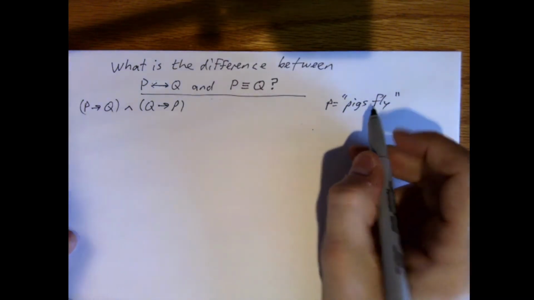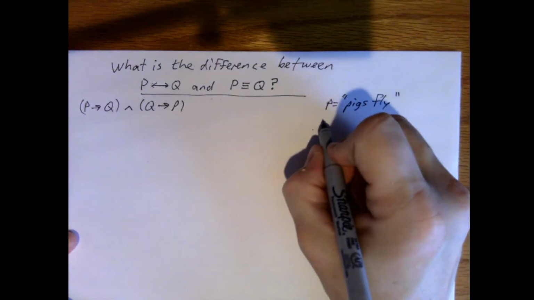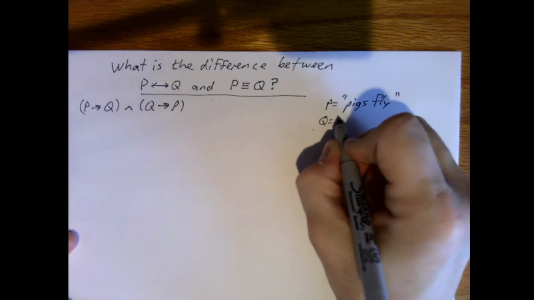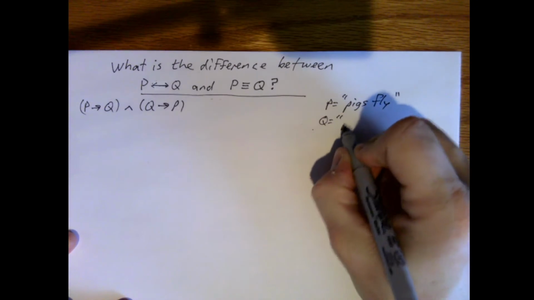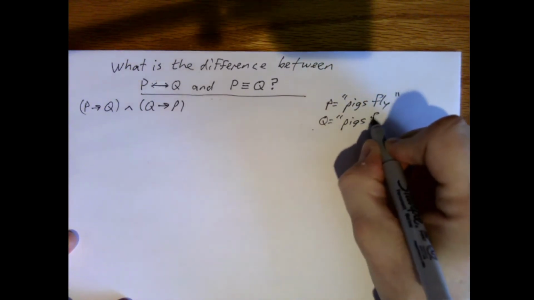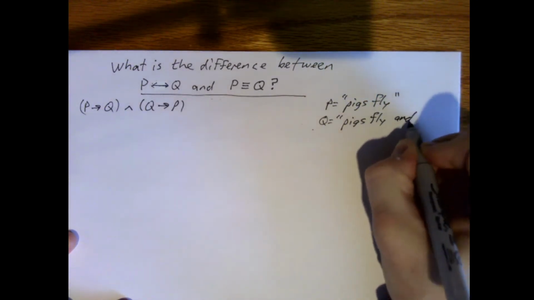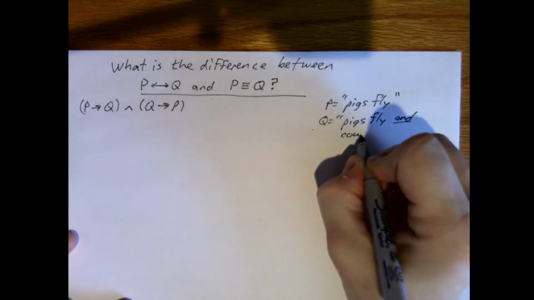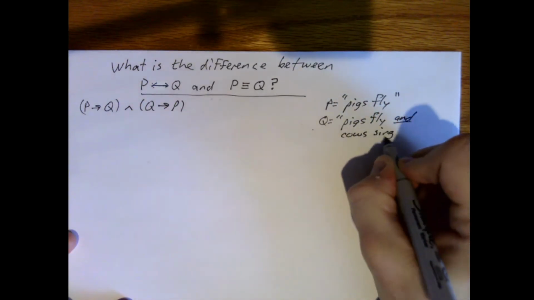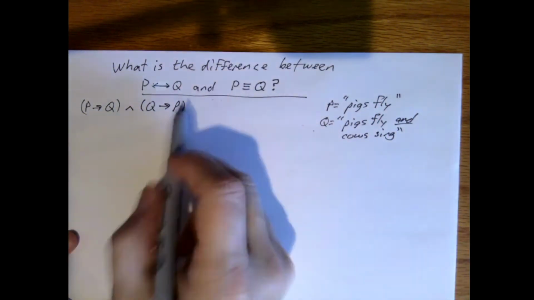It's either true or it's false. Or they could be compound statements like this: Q is equal to pigs fly and cows sing. It could be either one.